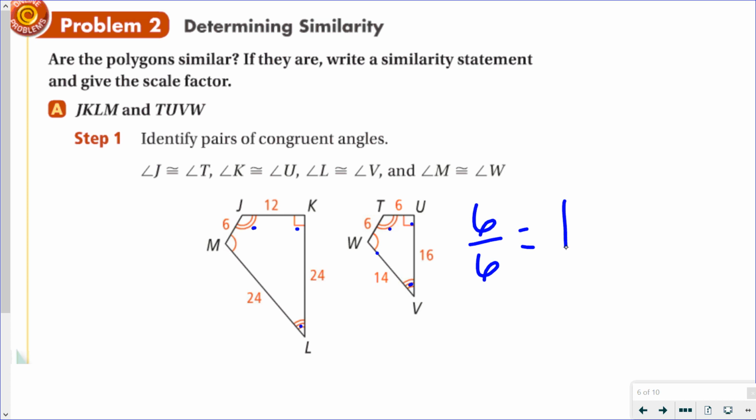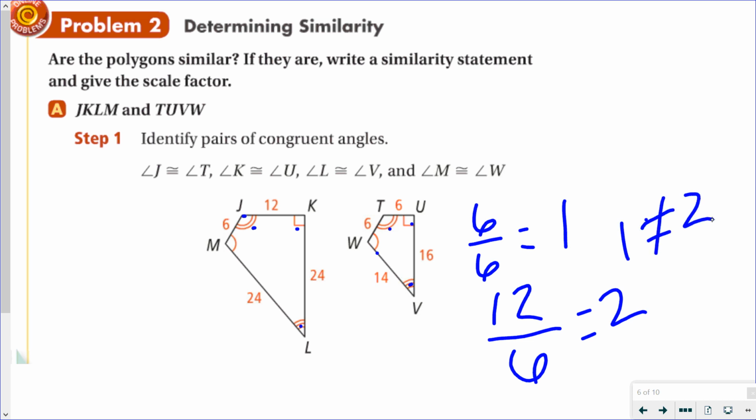And if they are not, then the two figures are not similar. So look at from J to K is 12, and T to U is 6. But 12 divided by 6 is 2. And since 1 is not equal to 2, the ratios of the sides are not the same. Therefore, these two figures are not similar to each other.